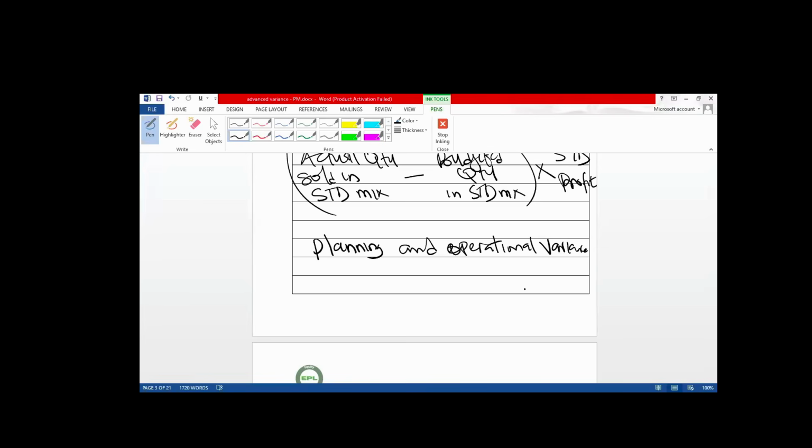Variance reports can be used to evaluate the performance of the production workers. However, these reports must be used with caution.